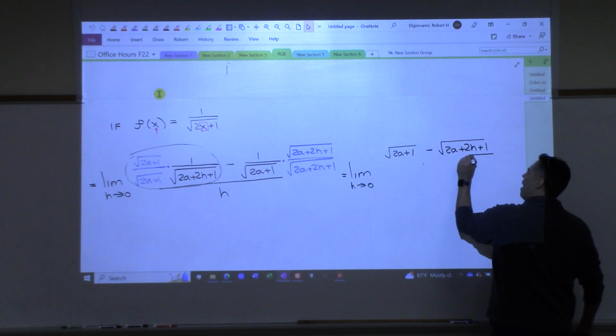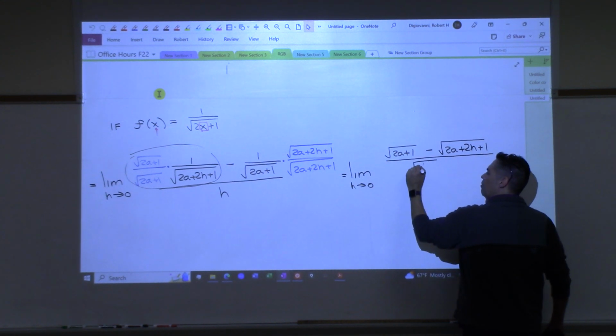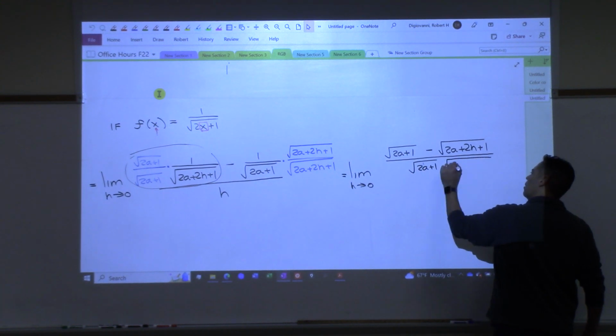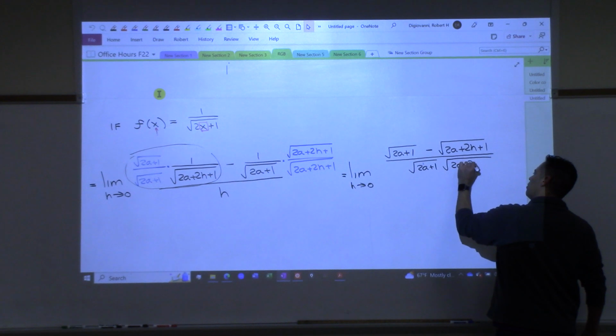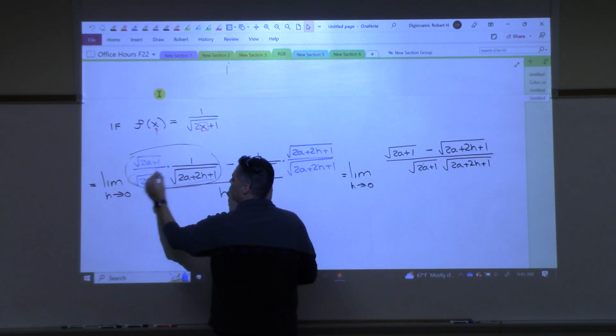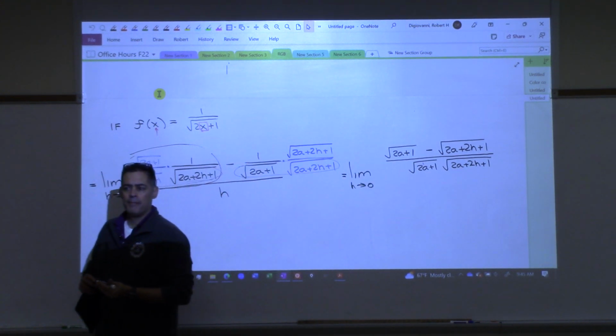And then all of that is over the common denominator, which is root 2a plus 1, root 2a plus 2h plus 1. So remember I said our common denominator is this, but let's not multiply them together, right?